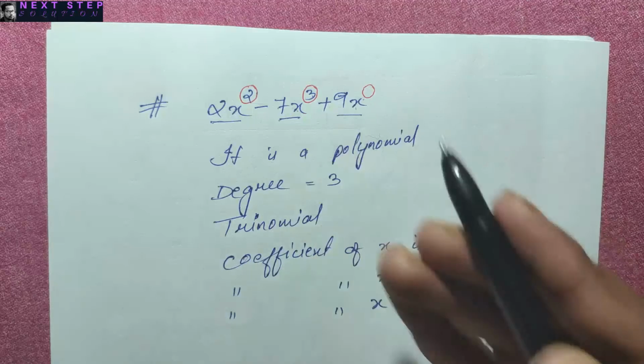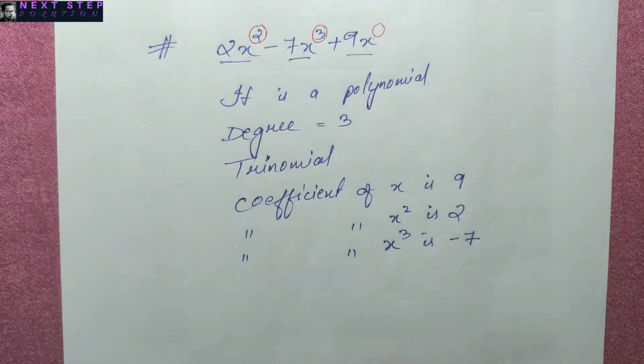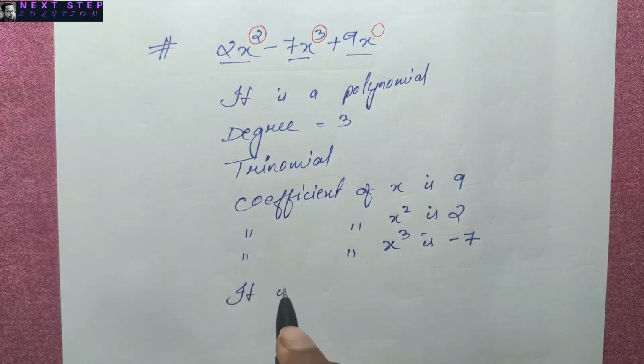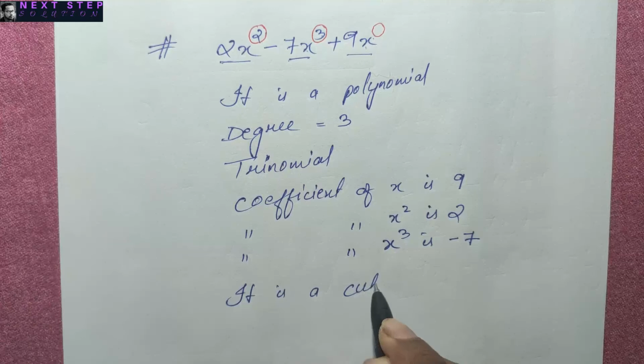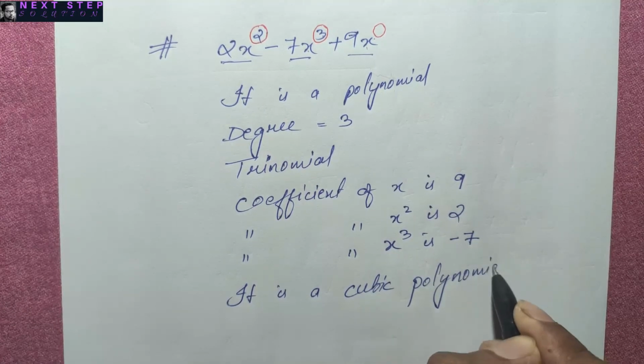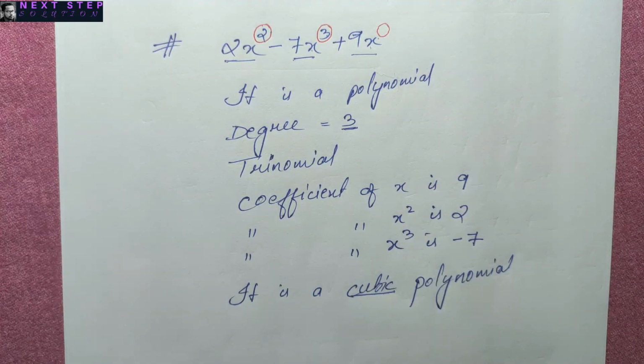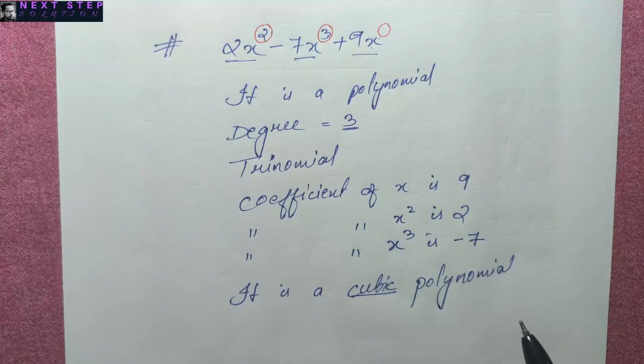The coefficient of x cube is -7. And what type of polynomial is this? It is a cubic polynomial. Why cubic? Because it has degree 3. If it had degree 2, then we would call it a quadratic polynomial. Let's see one more example.